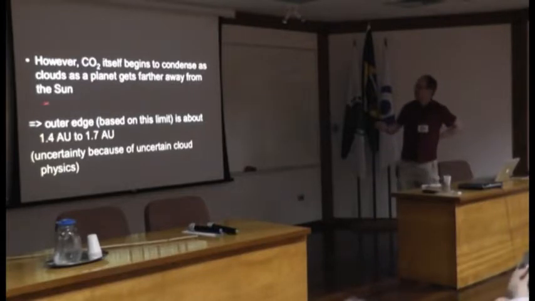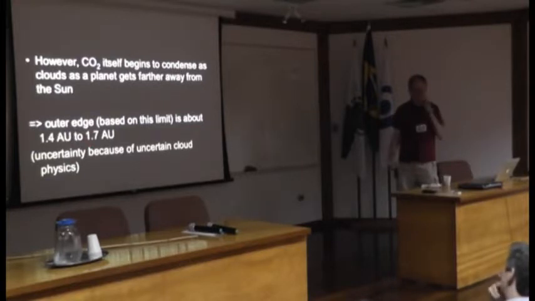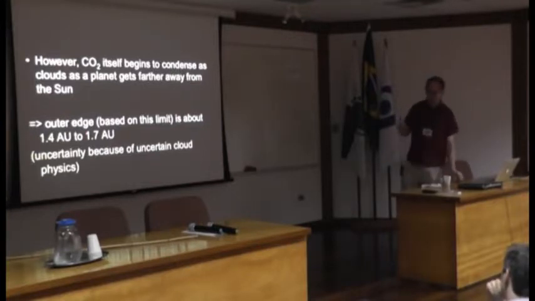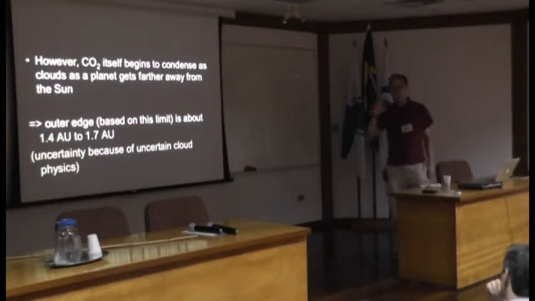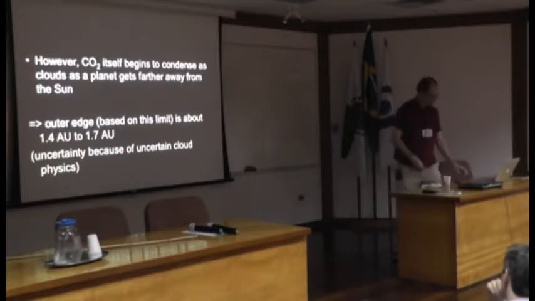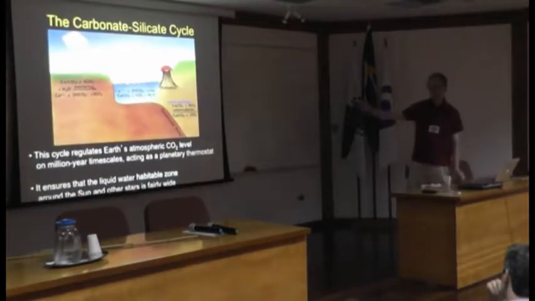So when we put this all together then, we have an outer edge somewhere inside the orbit of Mars to outside the orbit of Mars. You may say, well, this doesn't make sense because Mars looks like an uninhabited planet today. But Mars is an uninhabited planet not because of its position, but because of its size, so that it lacks this.